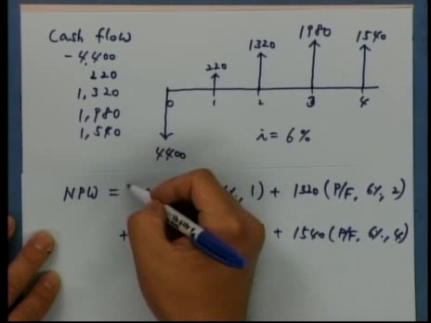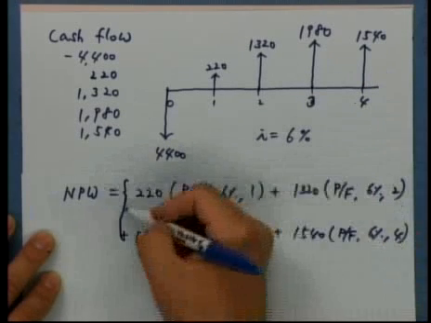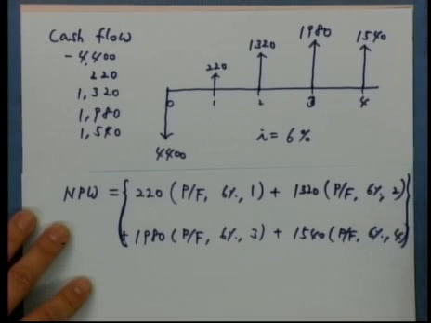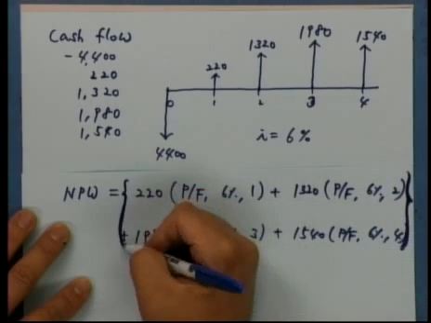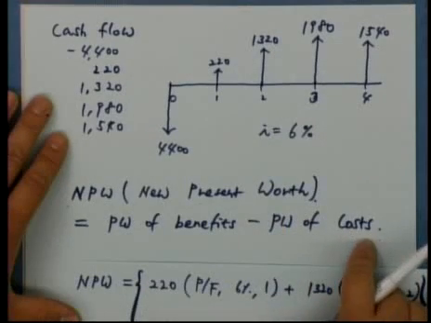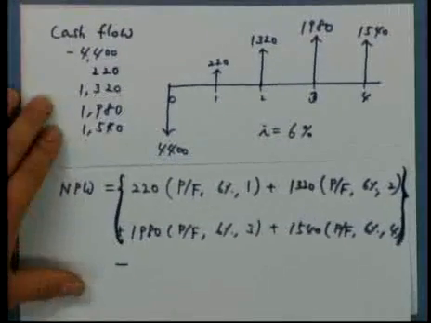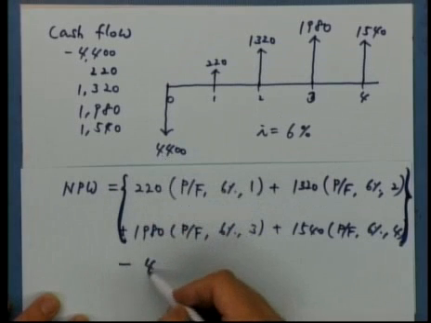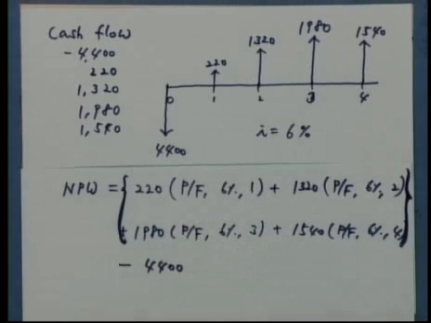So these are the present worth of benefits minus present worth of cost, which is simply 4,400, right?